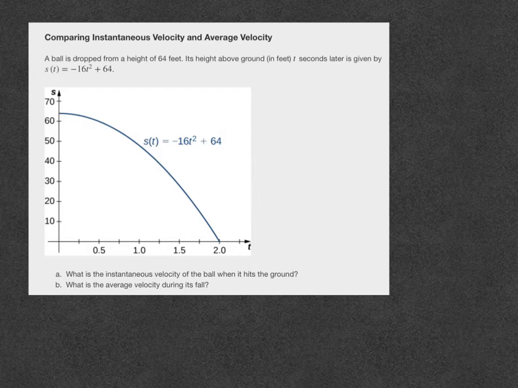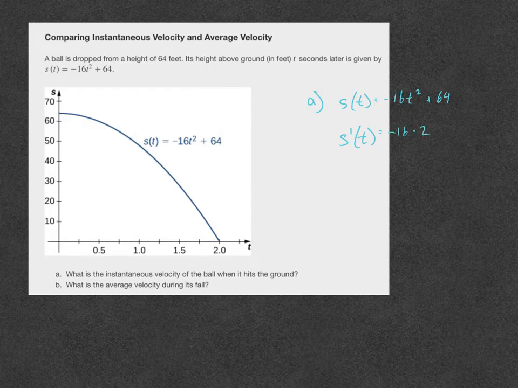So for part A, instantaneous, that is the rate of change, that is the derivative. So if my function, S of t, is negative 16t squared plus 64, then the derivative, the velocity, s prime of t, is equal to negative 16 times 2.